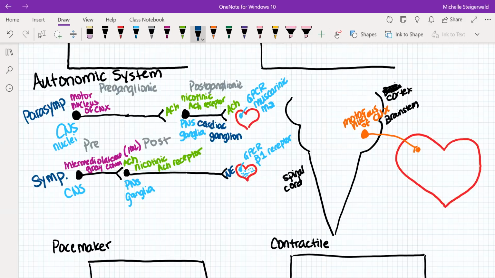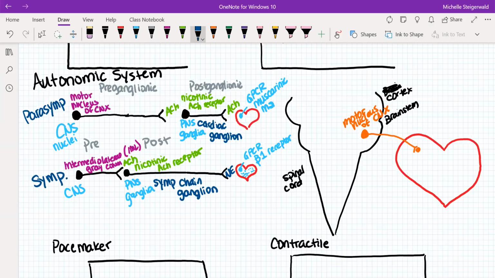And then for the sympathetic system, this is going to be in the sympathetic chain ganglion. And so remember, those names are really important. You can look at a test question and you can see the name. And even if you don't immediately remember if it's parasympathetic or sympathetic, at least you can figure out if you're preganglionic or postganglionic.